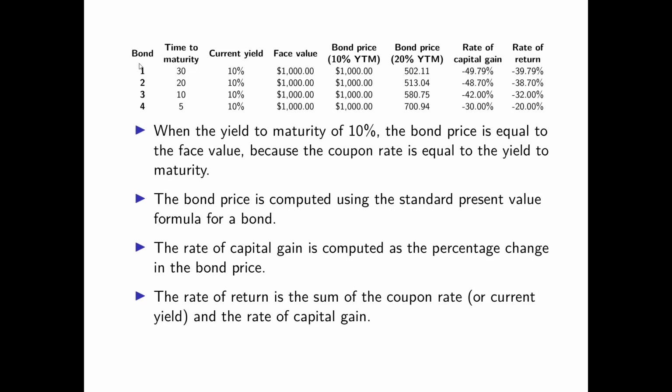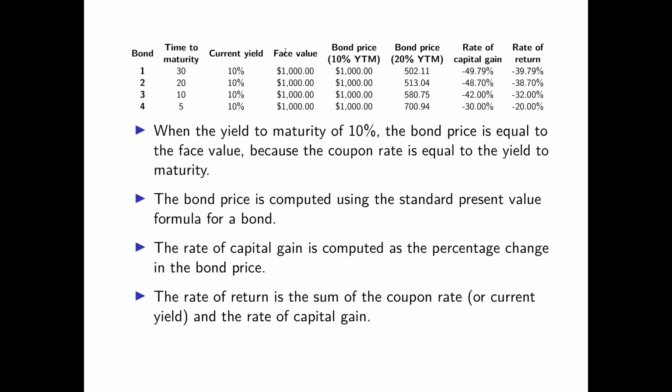These are the bond IDs, bond 1, 2, 3, and 4. Bond 1 has a very long time to maturity, 30 years, then 20 years, 10 years, and 5 years for bond 4. The current yield is 10% for all of them right now, that is, the coupon rate at the moment.